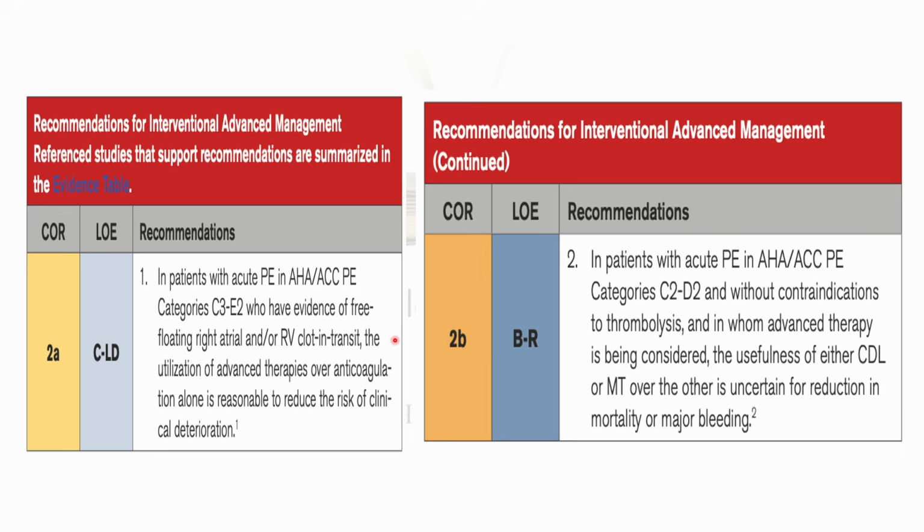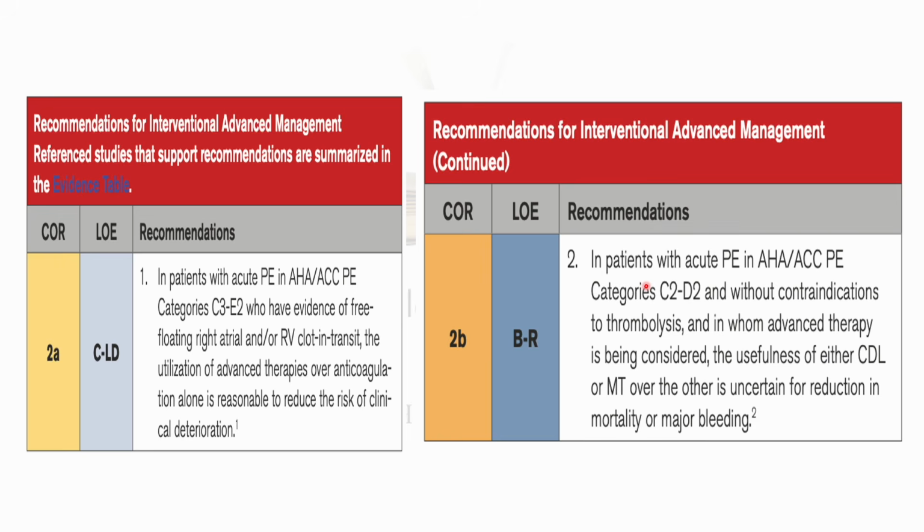It clearly says that there is a 2A level of recommendation but limited evidence which shows that patients from category C3 to E2, if they have a free floating clot, you can use the advanced therapies or anticoagulation because that may have fewer systemic complications and we know what we are targeting.